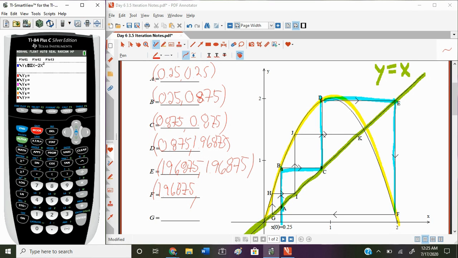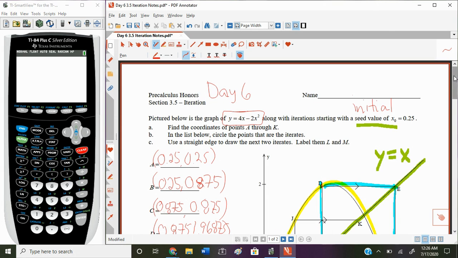So we're going to quit and go back to our main menu. Now, remember, we do have the equation in y equals, so remember that for a second. Let's go back to the beginning. The first time, when we substituted the seed value, that would be f of x sub 0. That was our first iterate. So we can define what the word iterate is.